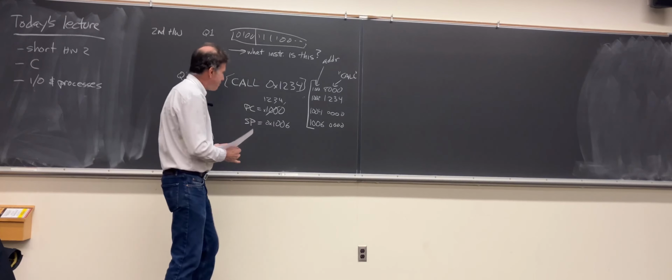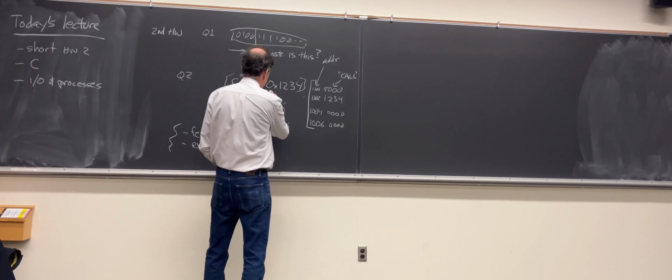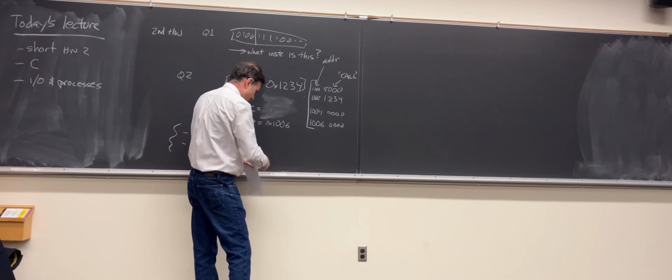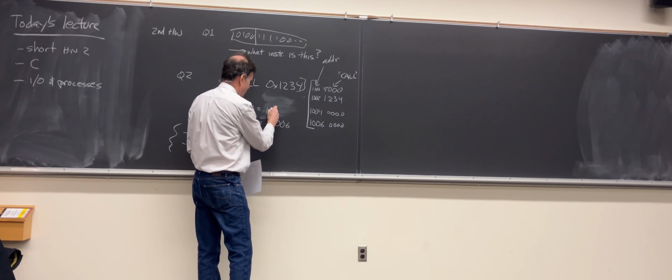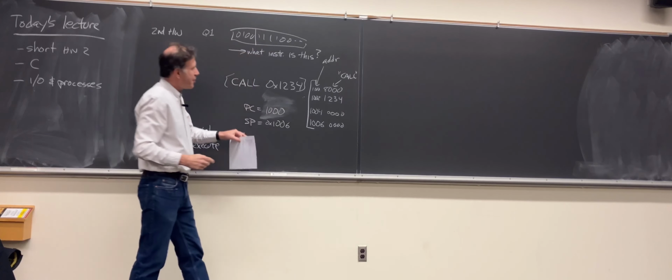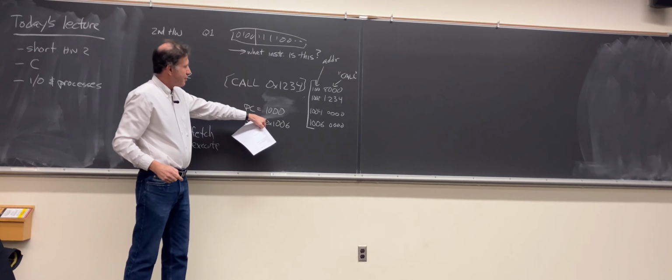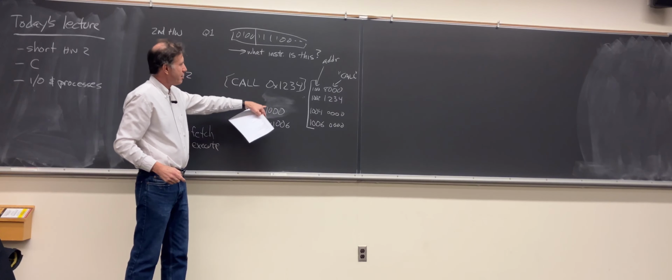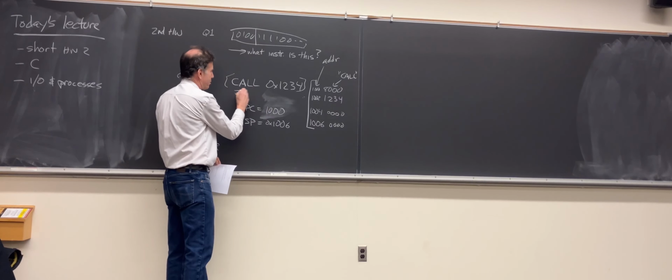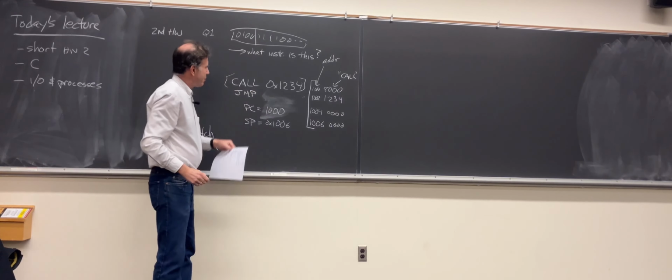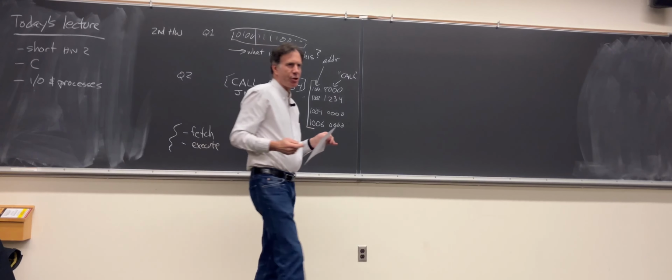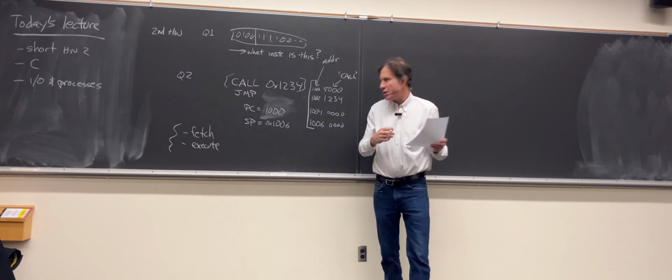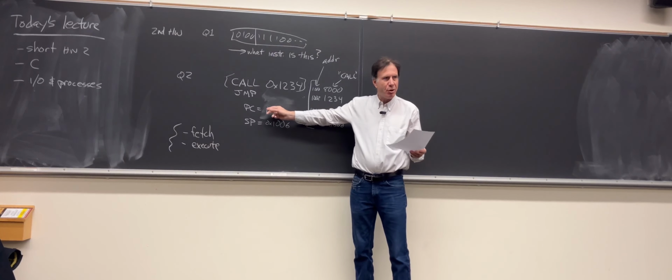Okay, now the thing about call is that it doesn't just jump to that address. There's a jump or go to instruction, which all that it does is change the program counter.